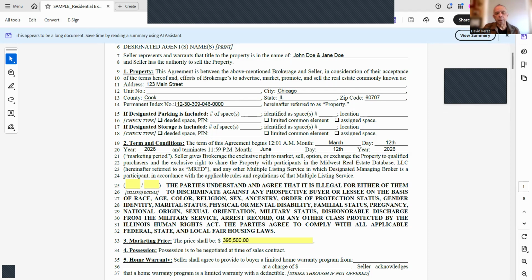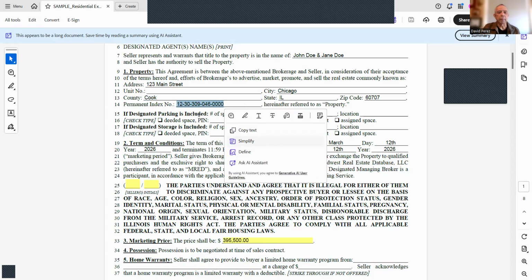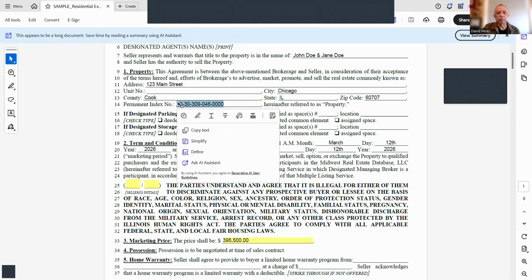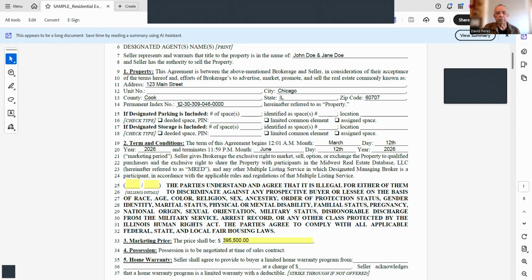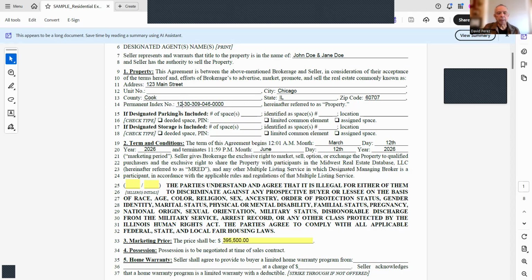The PIN number for this particular property example is right here. And that's used when you do taxes; that's how the government is able to pinpoint your property and know which property is which. So if this is a condo that you're selling, you might have a separate PIN number for that.